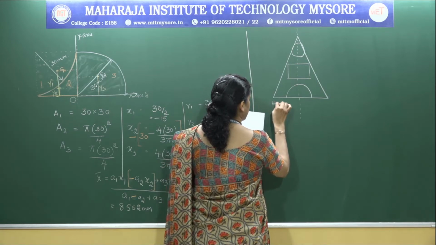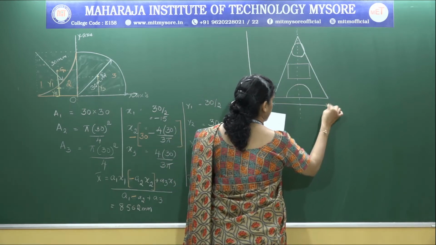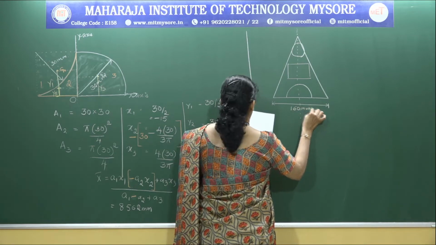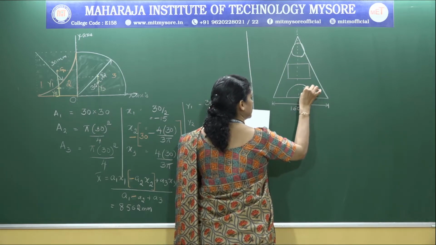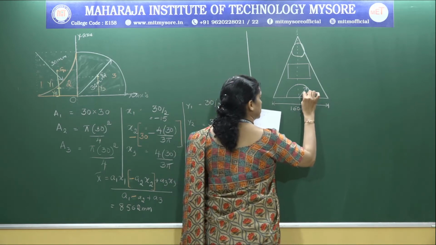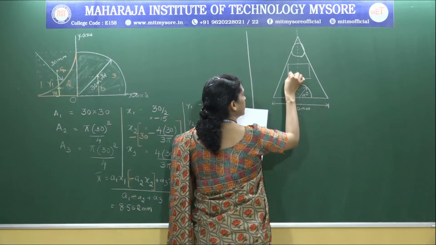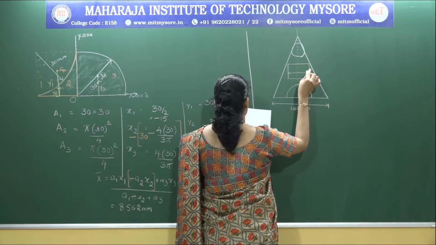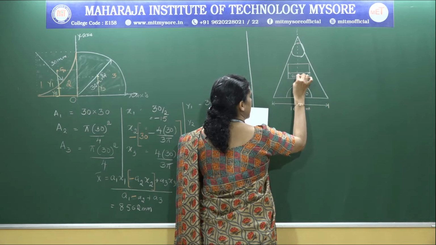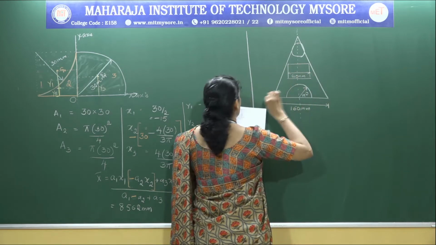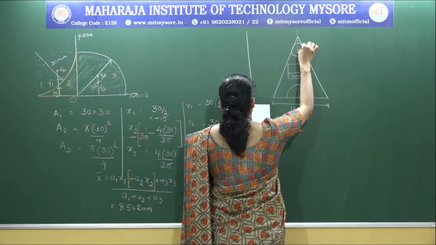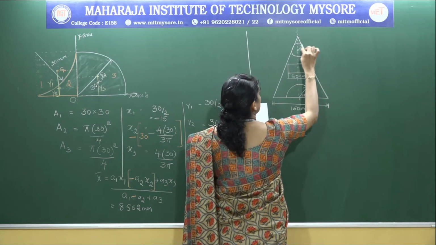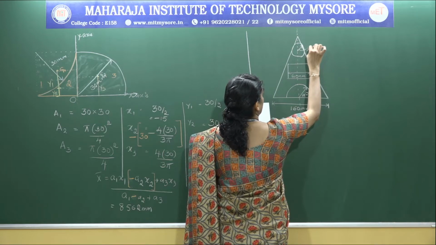So, the base is 160 mm. The radius of the semicircle is 40 mm. The base of the rectangle is 60 mm. Radius of the circle is 40 mm.